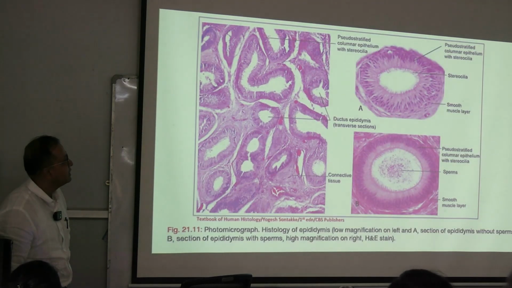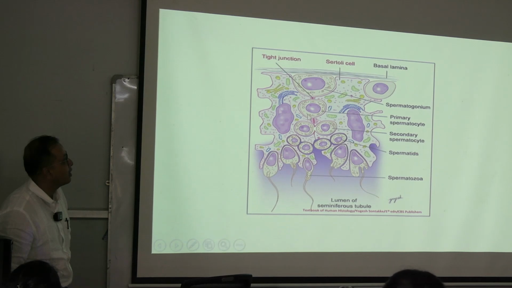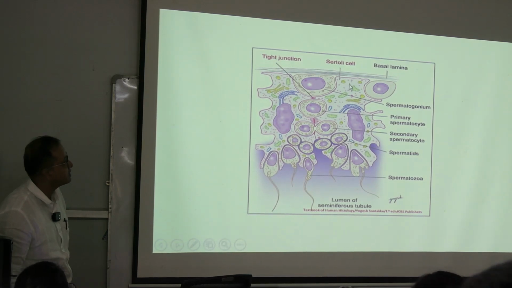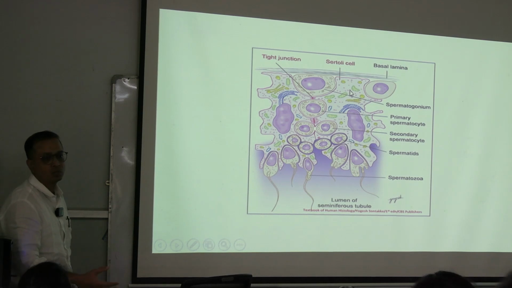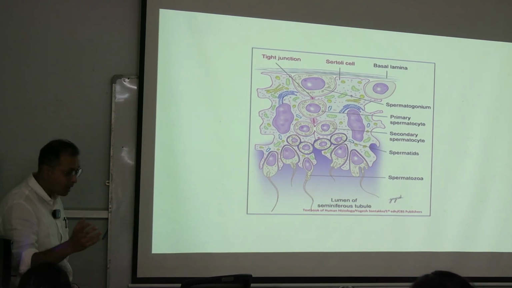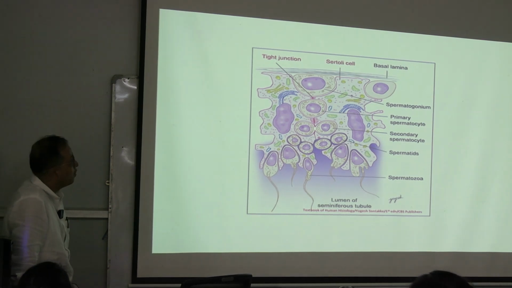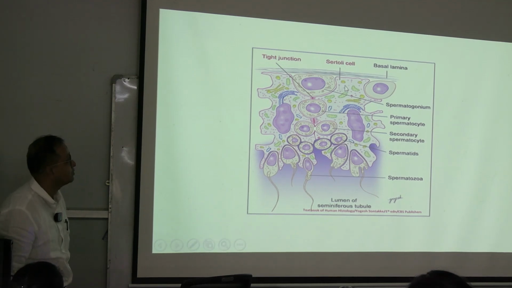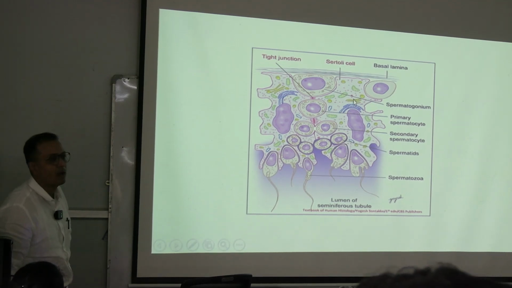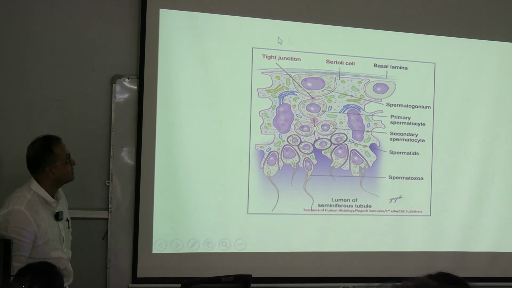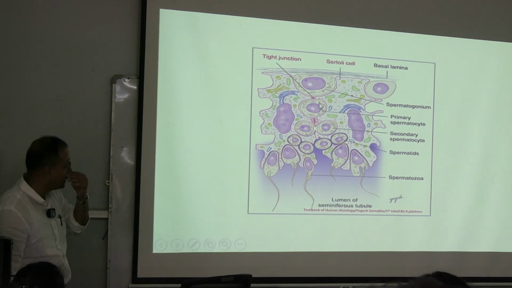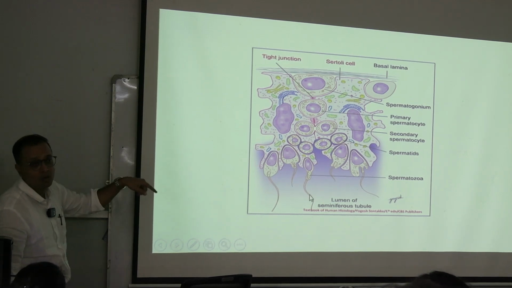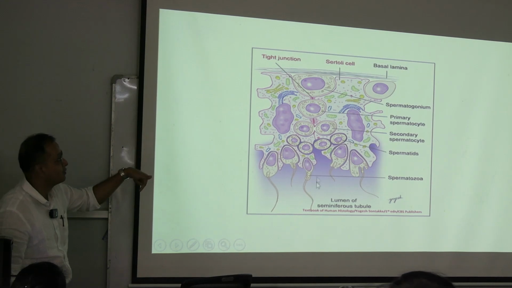Now, if by any chance you lose this architecture, for example if you have a disease where the Sertoli cells are destroyed, maybe by trauma, maybe by infections, or some other thing leading to destruction of the Sertoli cells, there is a chance of leakage of blood into this system. Once we have this, an autoimmune response develops against the sperms.